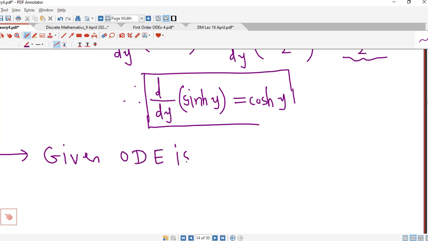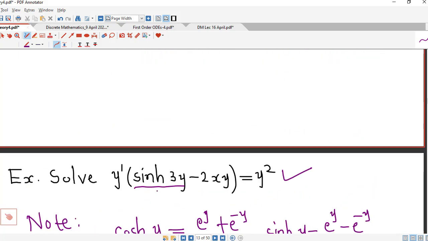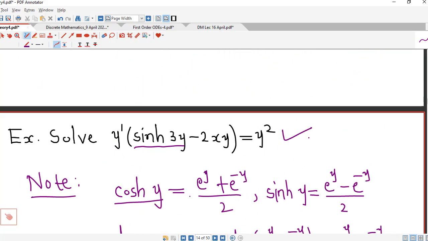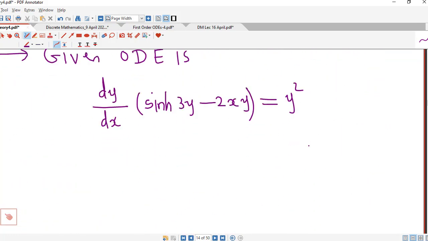The given ordinary differential equation is y dash, that is dy by dx, into sine hyperbolic 3y minus 2xy, equal to, let me check, the right hand side is y square.